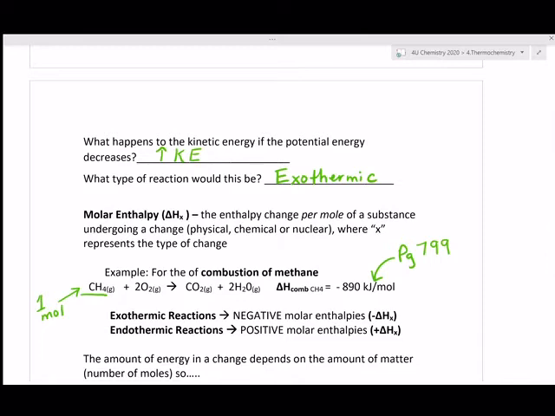But you'll sometimes see in your textbook when you're doing some problems that occasionally you'll see a reaction written out and afterwards you'll have a molar enthalpy, and the reaction will have things like 1/2 or 3/2 when it's balanced, which, you know, in grade 10 and 11, that was a big no-no. You weren't allowed to use fractions to balance things. But in this case, it's absolutely necessary that the substance that you're getting your value for the molar enthalpy, it has to be 1 mole. So if that means you get some funny fractions, then so be it.